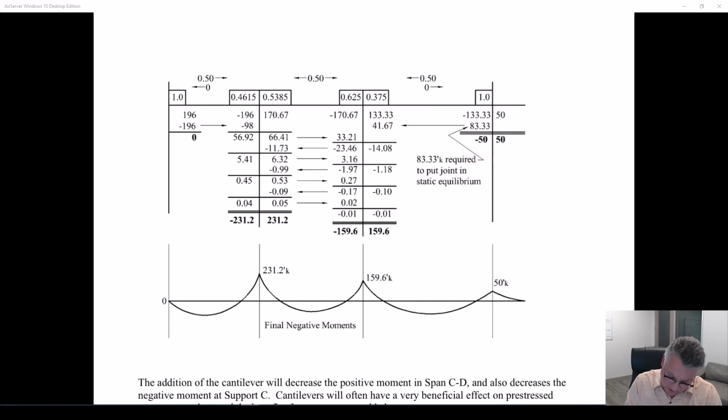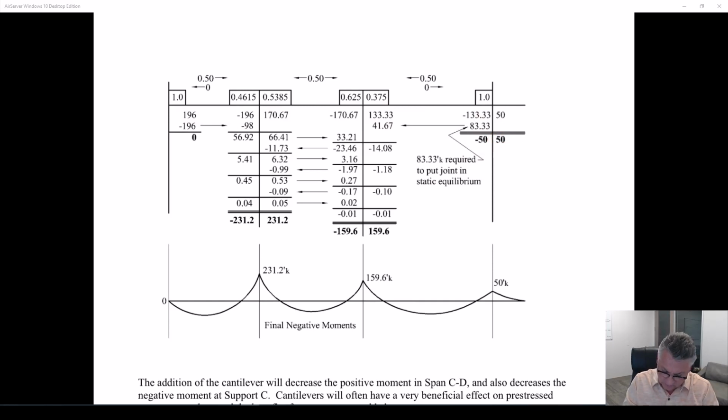So I need to add whatever amount of moment is necessary such that that is negative 50. And in this case, instead of adding like I normally would have done to get to 0, I would have added positive 133.33 here. Now I'm adding 83.33. So the end result is negative 50, offset the 50 static moment that I have in the cantilever.